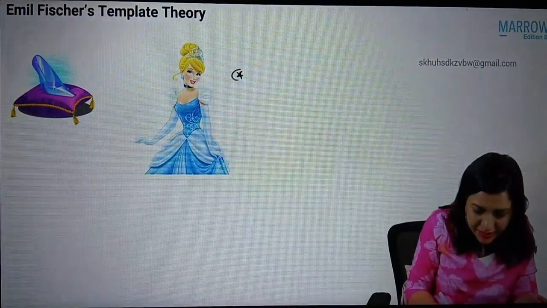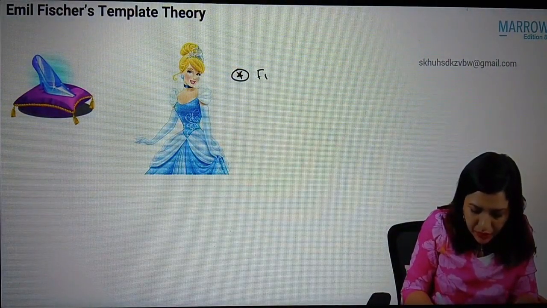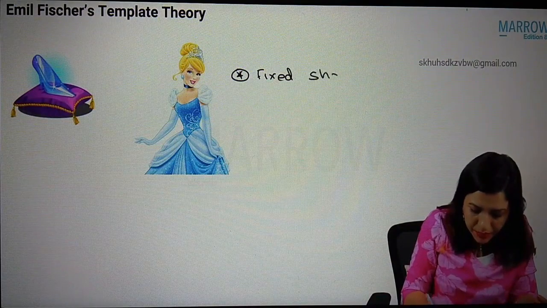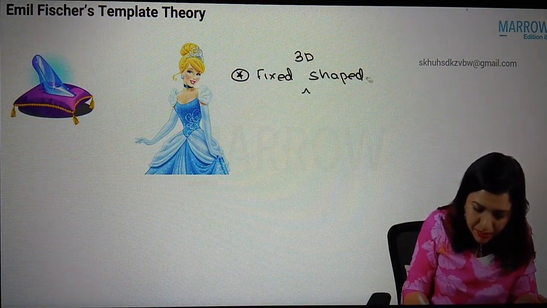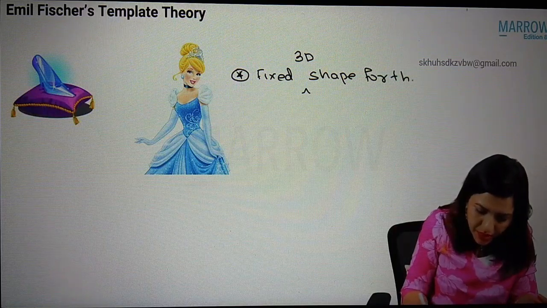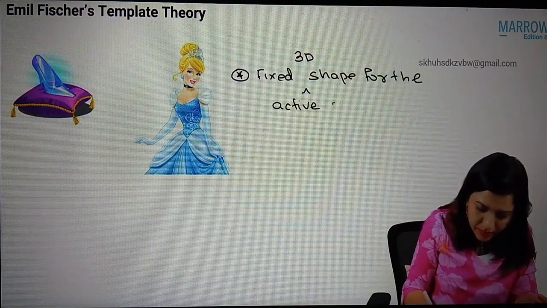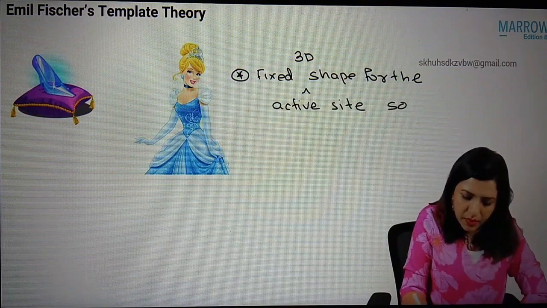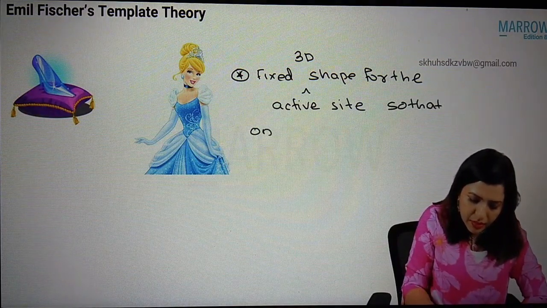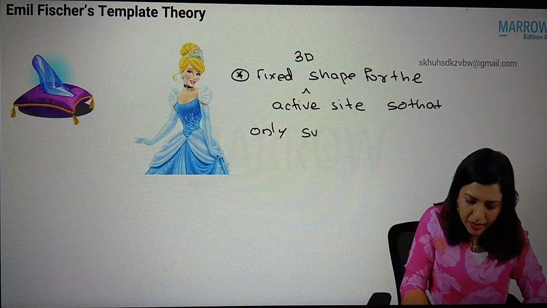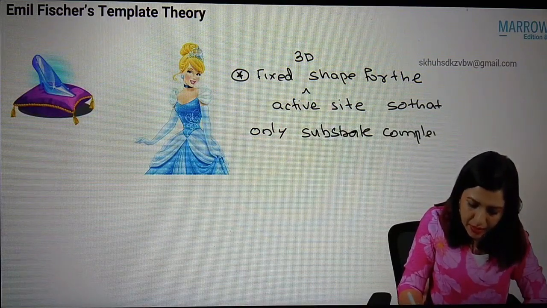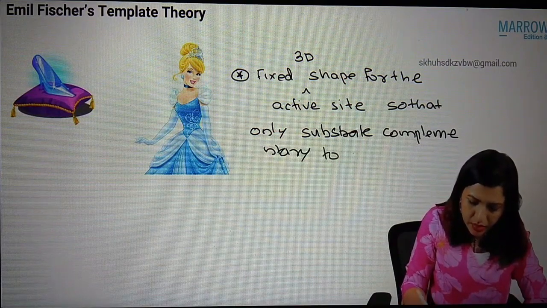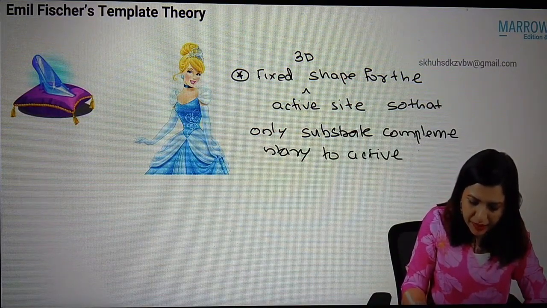It says that there is a fixed three-dimensional shape for the active site, so that only a substrate complementary to the active site can bind.